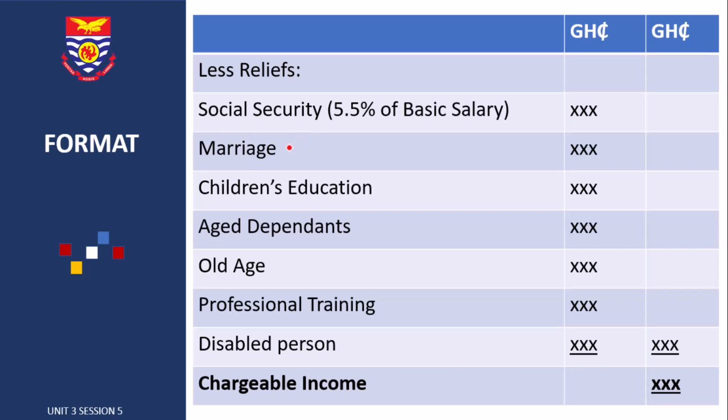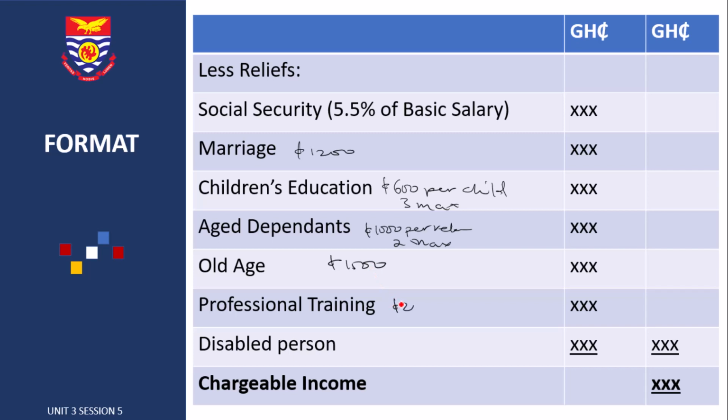If the person is married, he or she gets marriage relief. The value is 1,200. Child education, we said 600 per child to a limit of 3. Then aged, 1,000 Ghana cedis per relative and a maximum of 2. Then old age, we said 1,500.